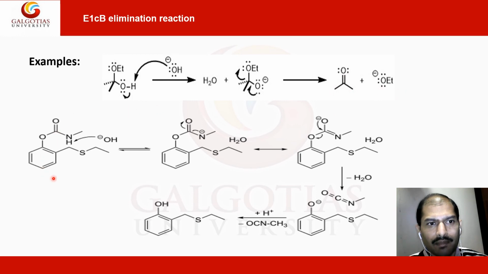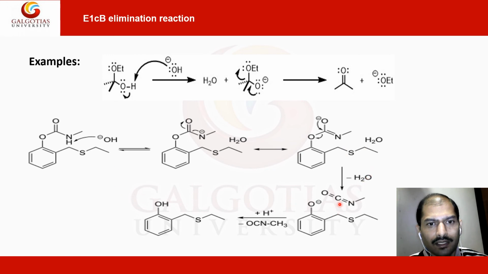Similarly, you can see many more examples, like in the case of a ring system such as benzene. Here also this proton can be removed in the form of an H plus ion, and obviously here is the negative charge. After the rearrangement it will leave this group and make a double bond over here.